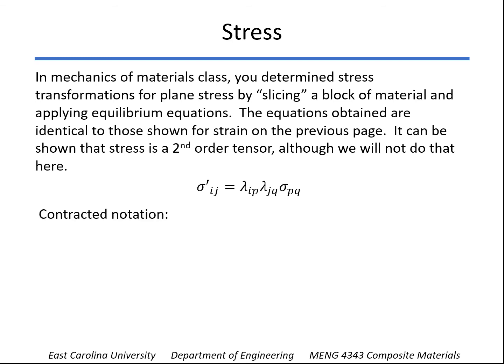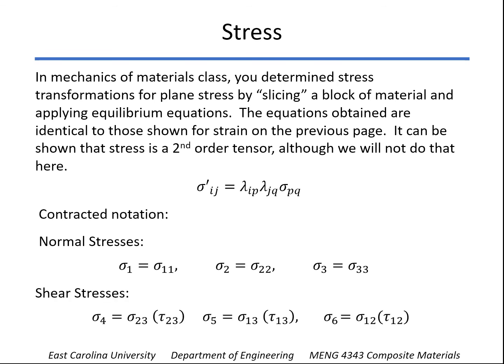Now our contracted notation, once again: normal stresses, what we'll call sigma 1, sigma 2, and sigma 3, and the shear stresses, sigma 4, sigma 5, and sigma 6. And of course, in stress notation, we usually call the shear stresses taus instead of just sigmas.